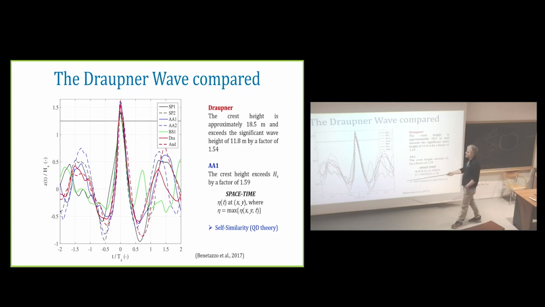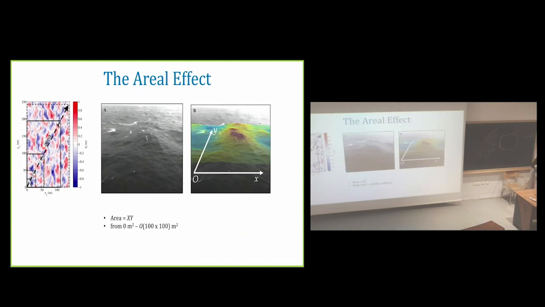This self-similar shape can be explained by the quasi-deterministic theory by Boccotti and others, then extended to higher order. What is called the areal effect is that, since the highest waves travel at the top of the group, if we increase the area, it could be possible that we find even larger crest elevation.